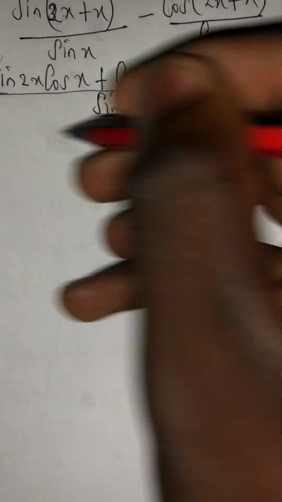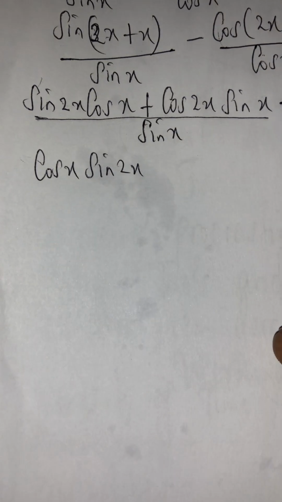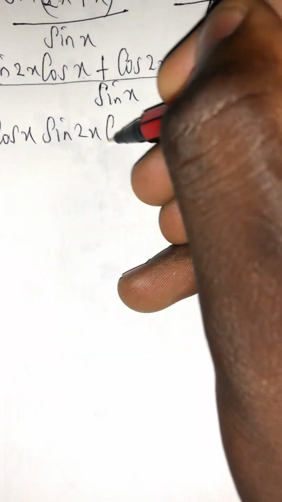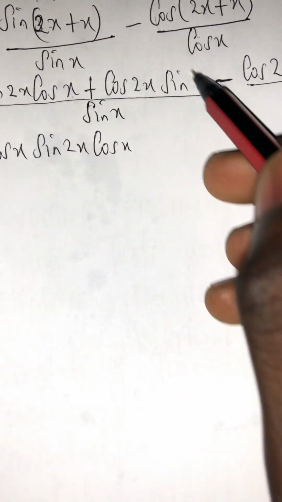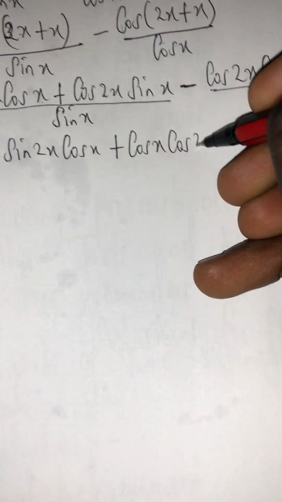So this will be cos x sin 2x cos x, then this cos again multiplied by this, so it will be plus cos x multiplied by cos 2x multiplied by sin x.